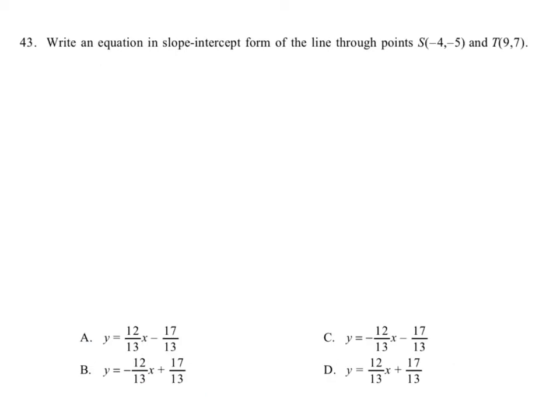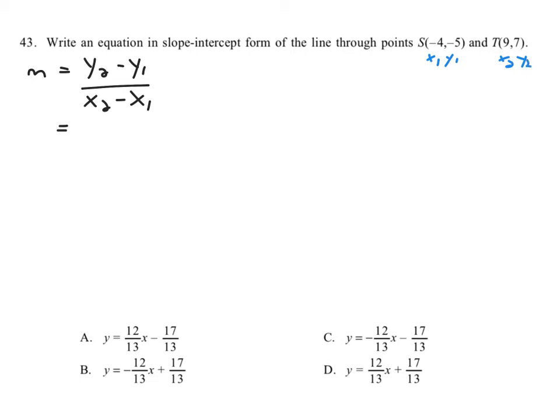Okay, write an equation in slope-intercept form of a line through these 2 points. So the first thing we need to do is find what the slope is for this particular case. We need to say m equals y2 minus y1 over x2 minus x1. And let's just call these points 1, so that's x1, that's y1, and this one is x2 and y2.